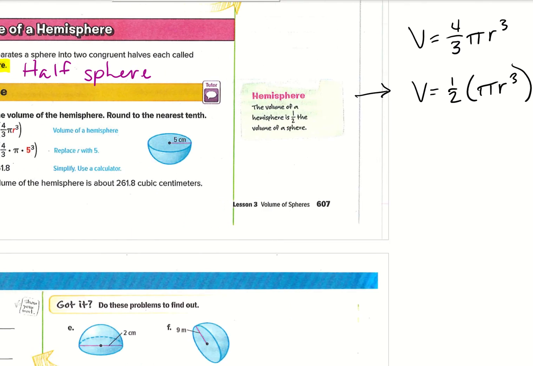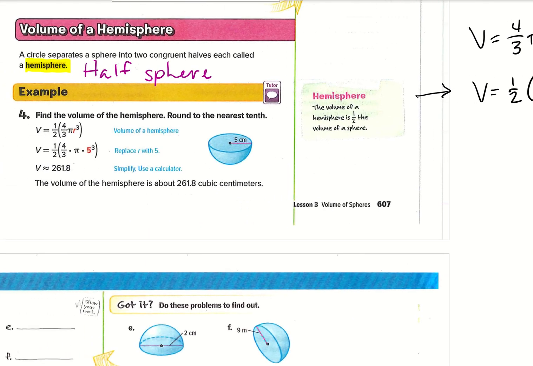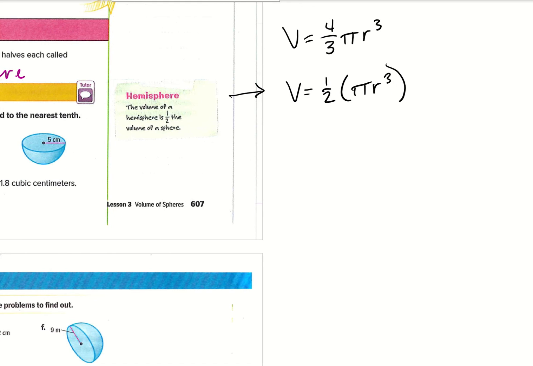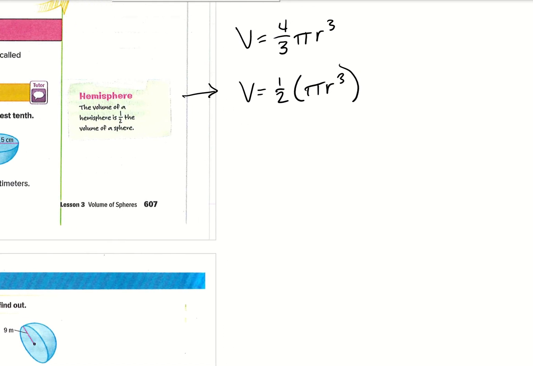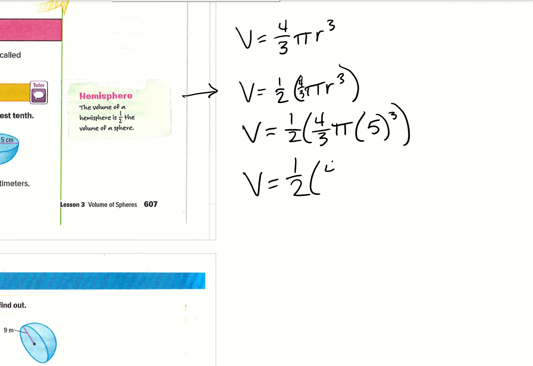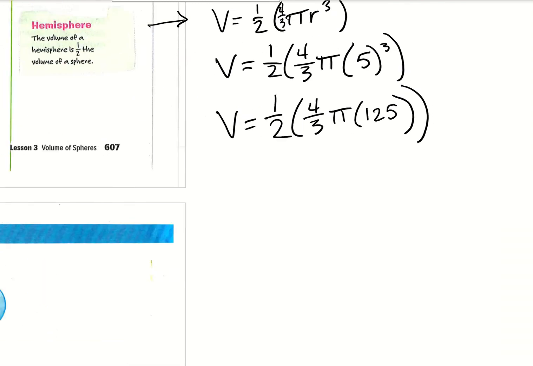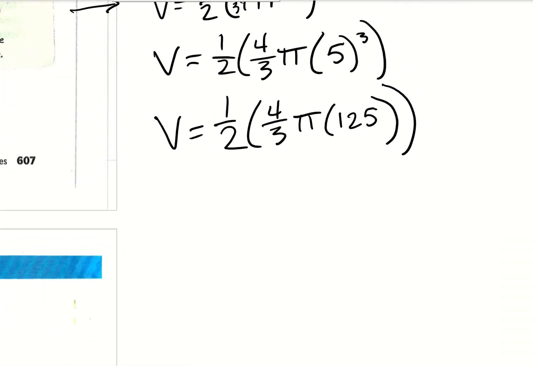If we look at example 1, it shows that we have a radius of 5, so I'm going to plug in 5. So V equals 1/2, forgot the 4/3 there, times 4/3 times pi times 5 to the 3rd. That gives us 1/2 times 4/3 pi times 125. I'm going to plug in everything except for this 1/2, and then divide by 2.